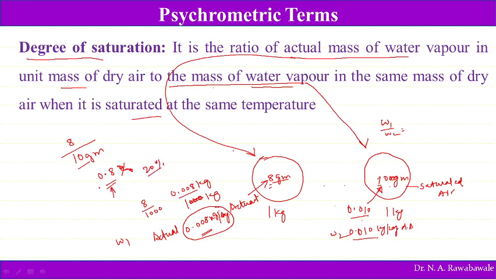So to which extent is this air saturated? 80% it is saturated and 20% it is unsaturated. That is the degree of saturation, the extent to which the air is saturated with water vapor. It can actually hold 10 grams, but presently it is holding only 8 grams. That is the significance of the degree of saturation.